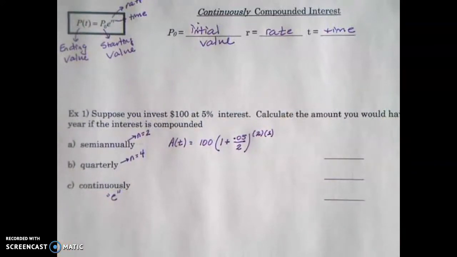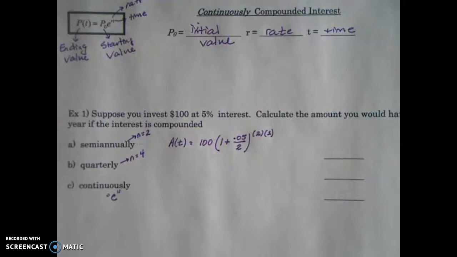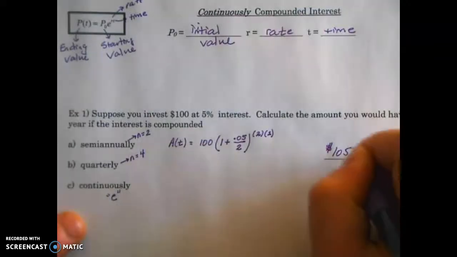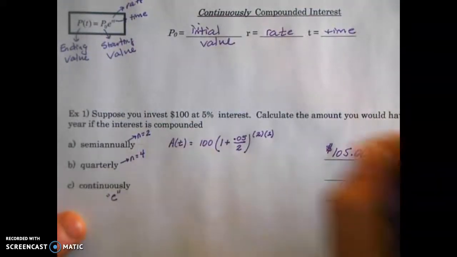I'll pause there, let that sink in for a second, and then we'll do some calculating. If we type this in very carefully to our calculator, making sure our order of operations is fine, we're going to get 105.06.